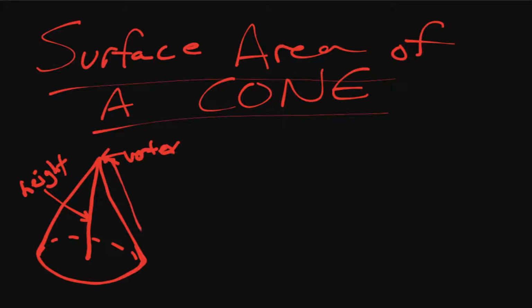And from the vertex to the edge, this is called the slant height. And the face at the bottom, the entire circle, is going to be called the base.